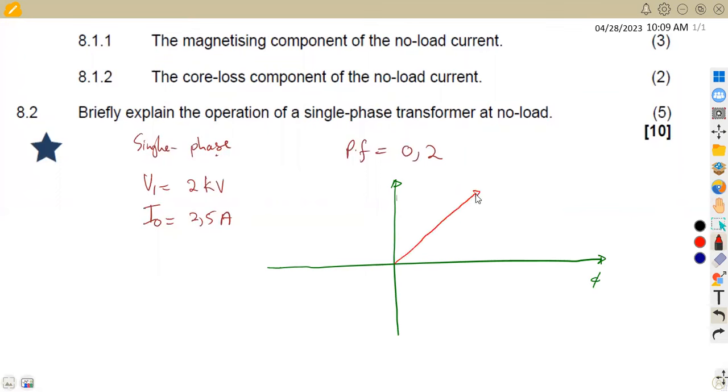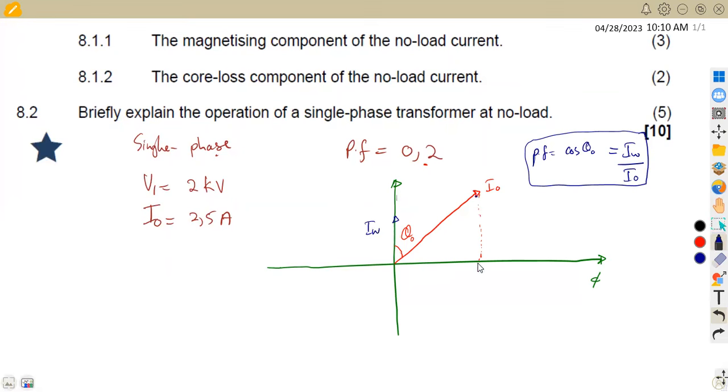So the cos of theta gives us the power factor, which is also equal to the working current over the no load current. This is where we have our working current. This is our no load current.